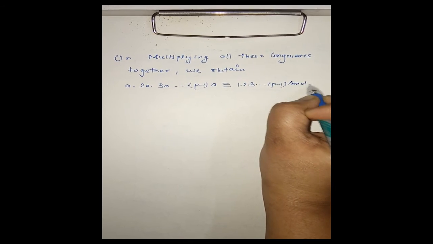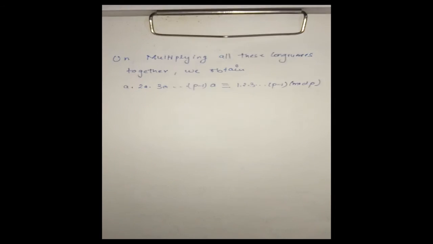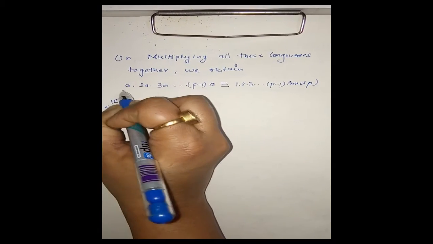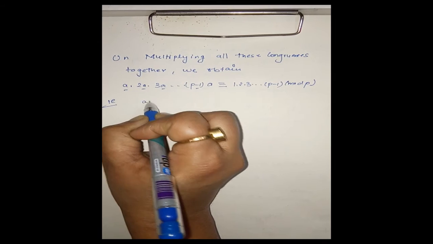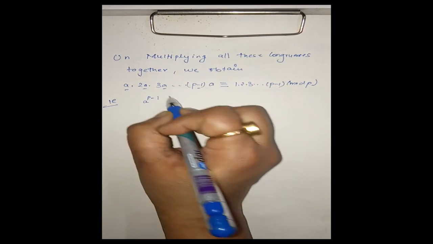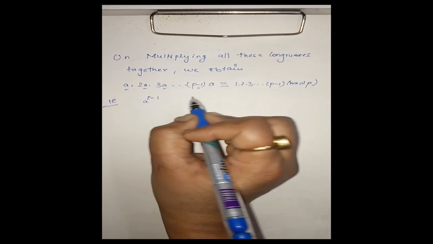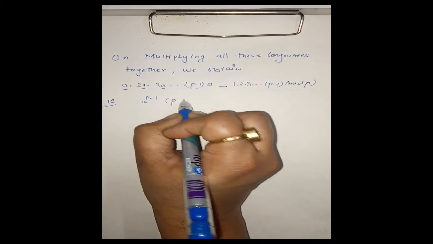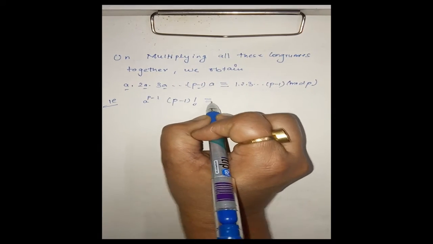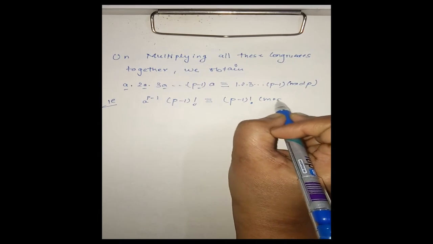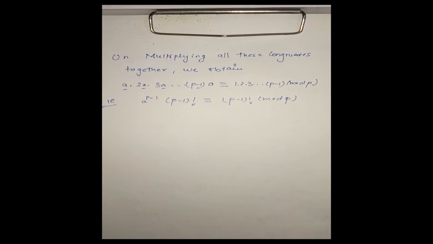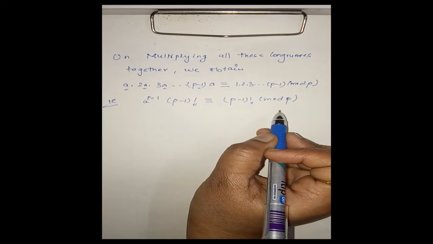Here a is repeating p minus 1 times, so I can write a to the power p minus 1, and here we have p minus 1 factorial, congruent to p minus 1 factorial modulo p. Clear?